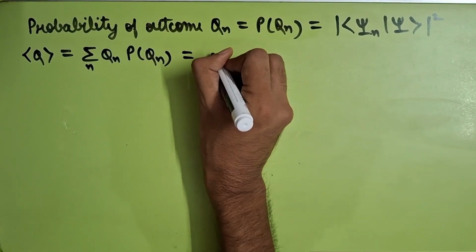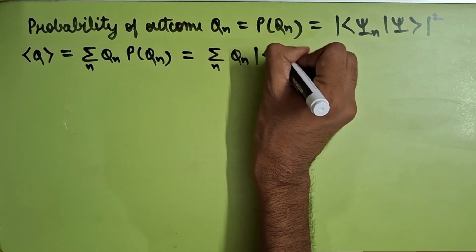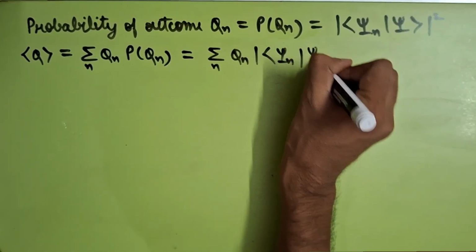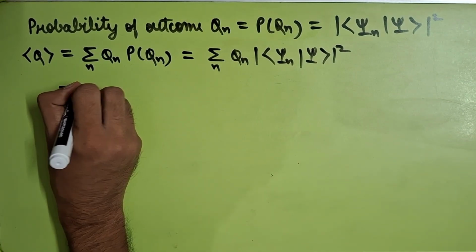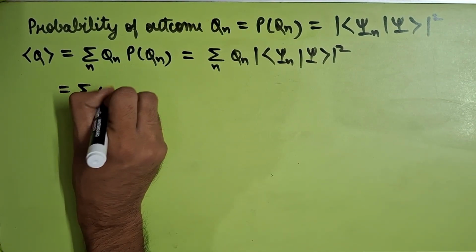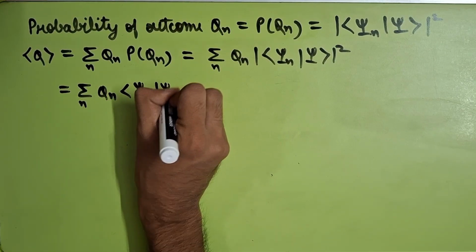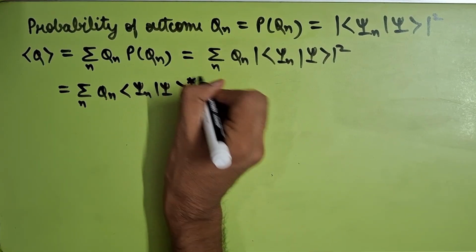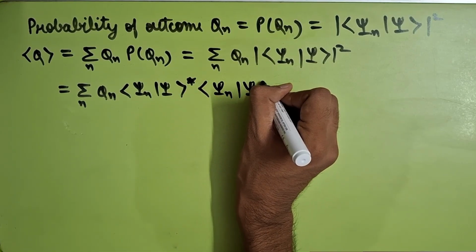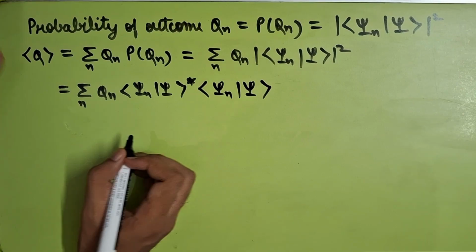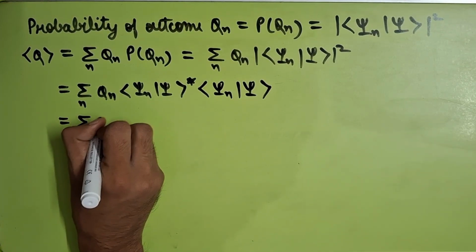Substituting this into this, we get, we can write the norm squared as, now using the conjugate exchange symmetry of the inner product, we can further simplify this as.